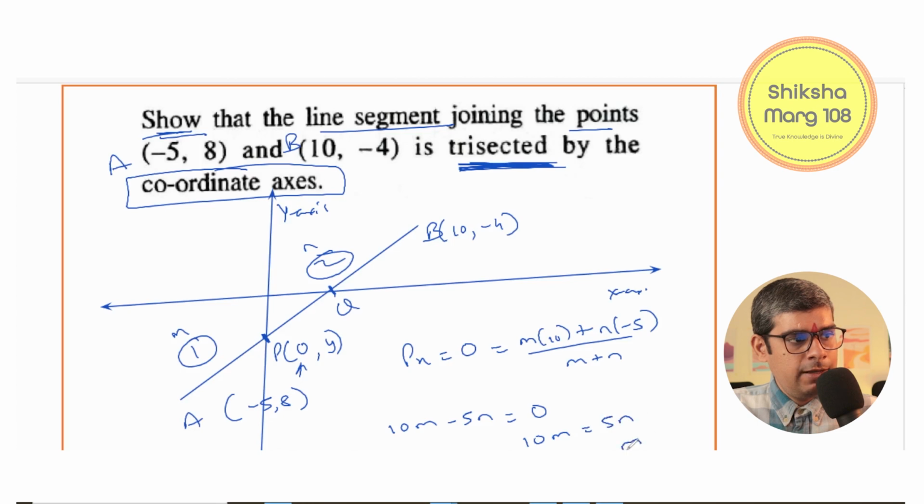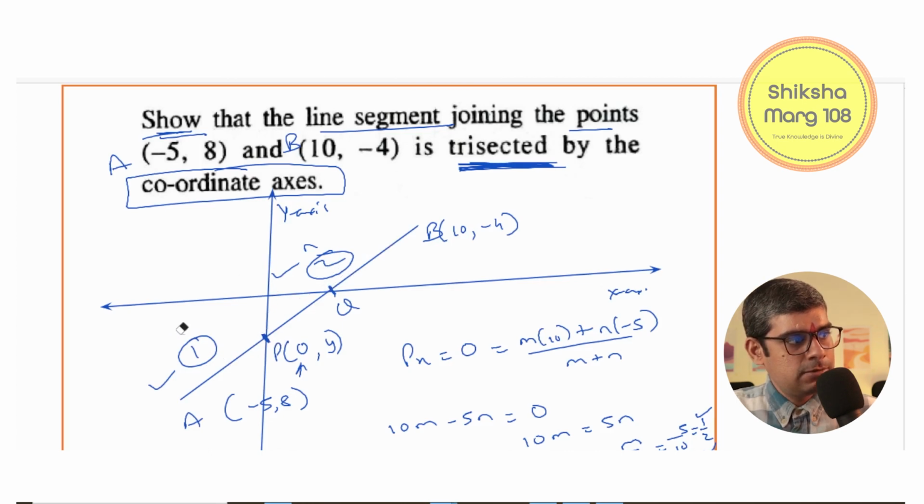So m over n is 5 over 10, which is 1:2. So m is definitely 1, fantastic, and n is 2, fantastic. So we got the ratio that P is dividing the line segment AB in the ratio 1:2. So that's the first trisection point.